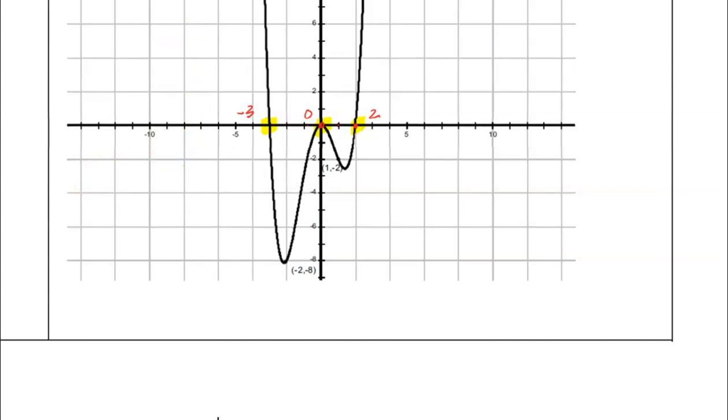So what happens at 0? It's squared. Yeah, it's a multiplicity of 2.